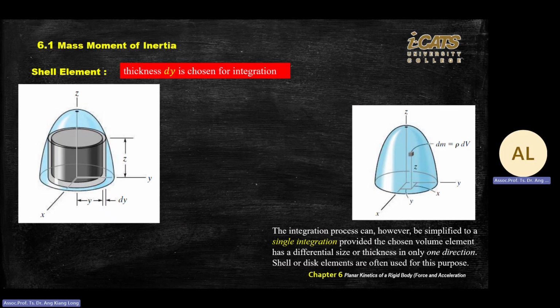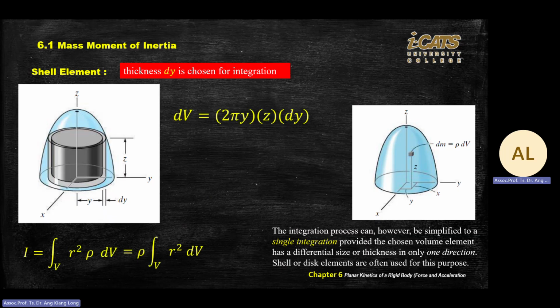You can use the first method, we call it the shell element. Let's say we have a thickness of y, dy. To calculate this volume, you take 2 pi r, multiplied by the z, multiplied by the dy. So you take the round shape, the circumference.